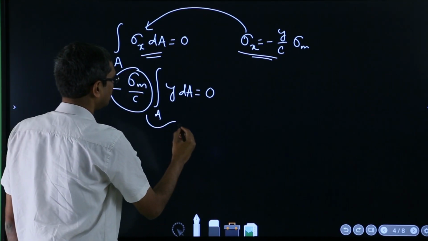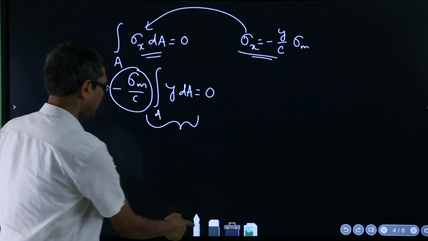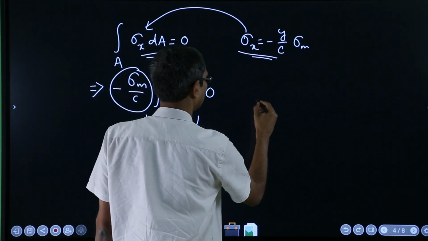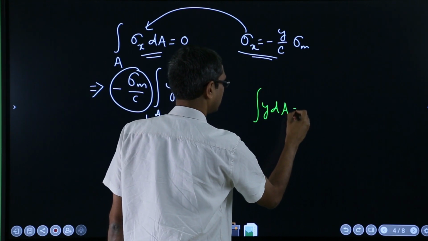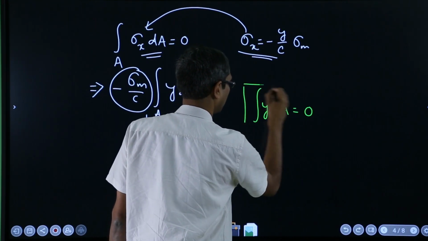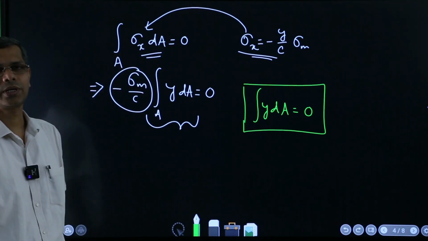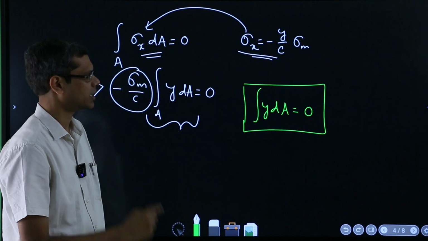So that means this term has to be 0. That's the conclusion we are getting, that is integral of y dA is 0. Now this tells us that the neutral axis passes through the centroid of the cross section.